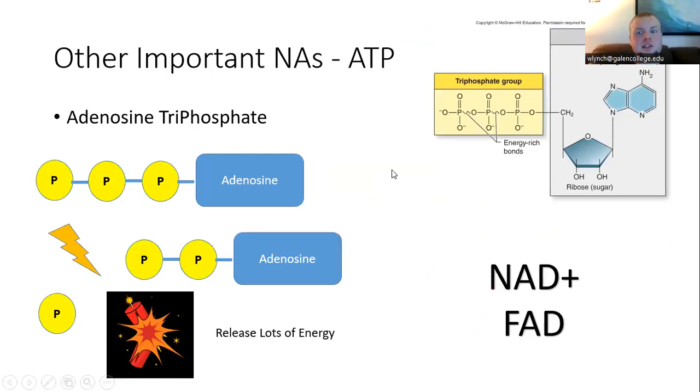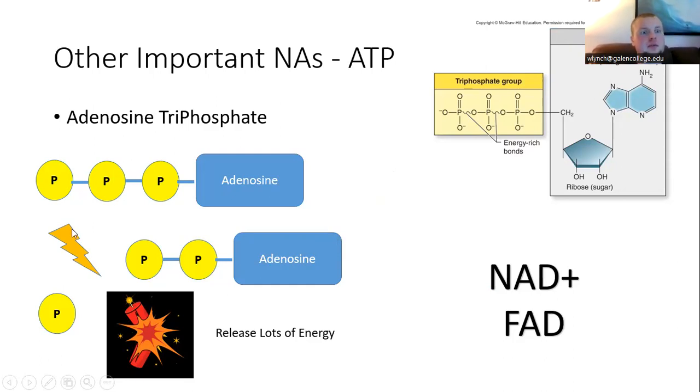Other important nucleic acids, we have ATP. This is adenosine triphosphate. Adenosine triphosphate is the main cellular energy source that we use. It is created by 2 mechanisms, whether that be glycolysis or the oxidative transport chain. We have 2 phosphate bonds here that can be used as energy.